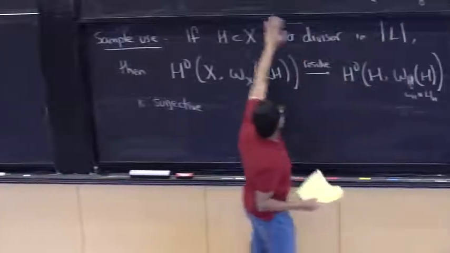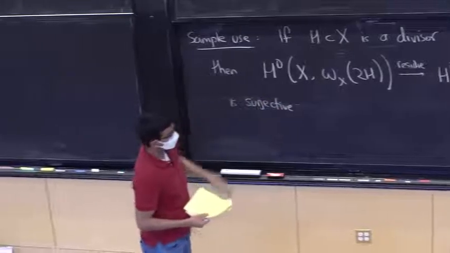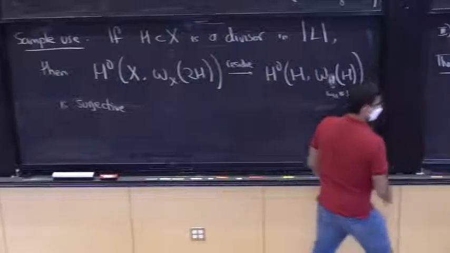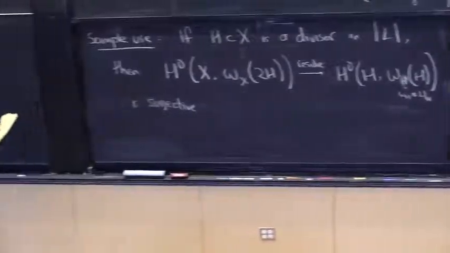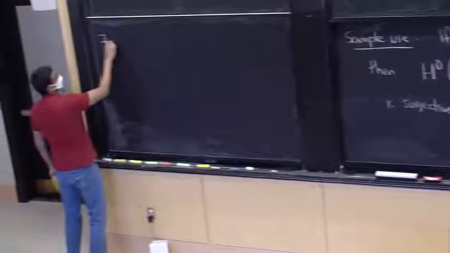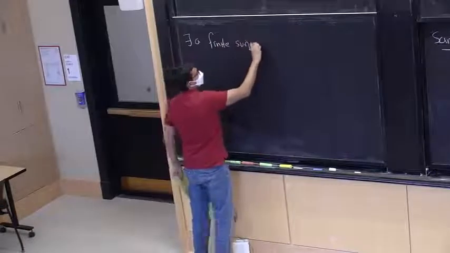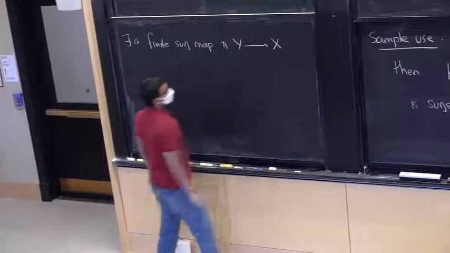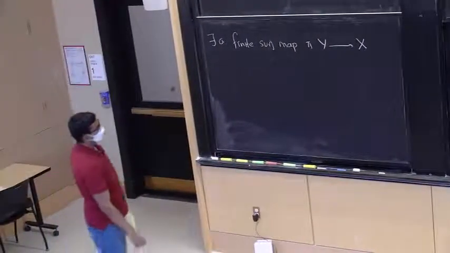And so in this setup, we want to try to understand the analogs of these groups. And as I was saying above, they can definitely be non-zero. But there's a salvage, and the salvage is the following. So there exists a finite cover, a finite surjective map pi from y to x, such that the cohomology classes that you do not want to be there will die when you pull back to y.